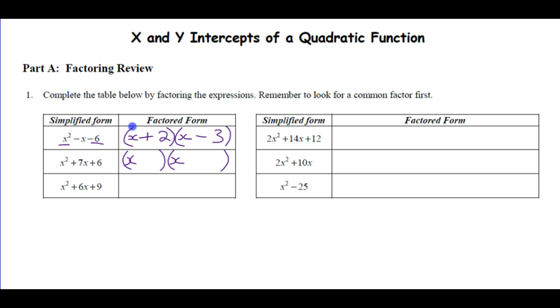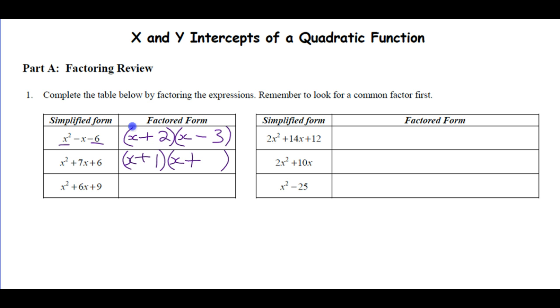Right? Because the middle term is the sum of the outer and inner, right? Minus 3x plus 2x. So in this case, since it's plus, put down plus, plus. I need two numbers that multiply to 6. Since the last term is positive, they have to add up to the middle term. So two numbers multiply to 6 and add up to 7: 1 and 6.